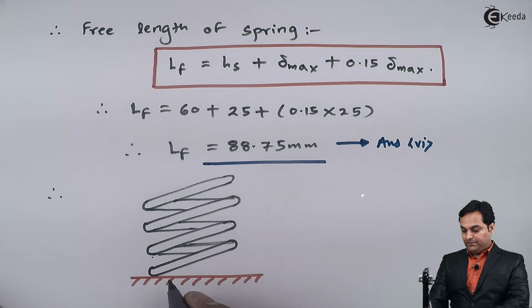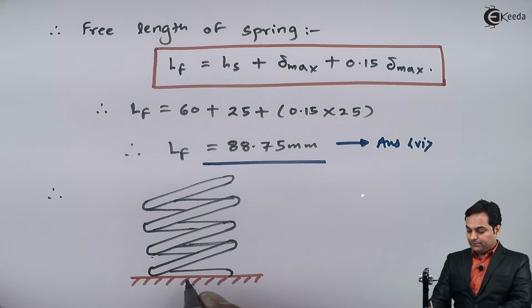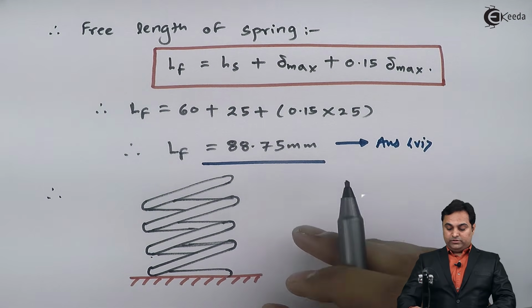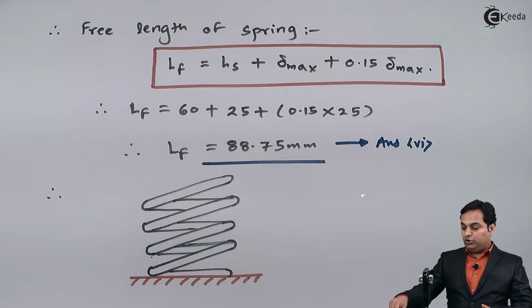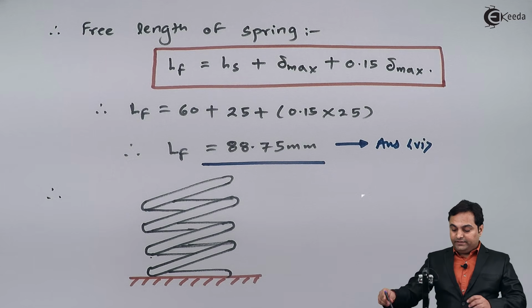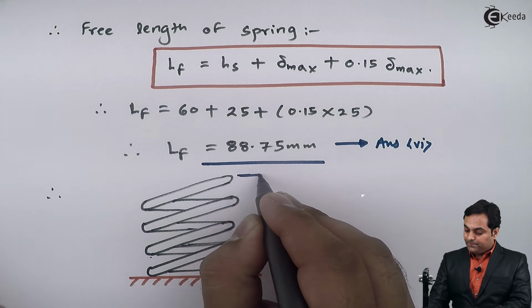Suppose we have a spring. Now the length of the spring in the unloaded condition, that is when it is not loaded, indicates the free length of the spring.